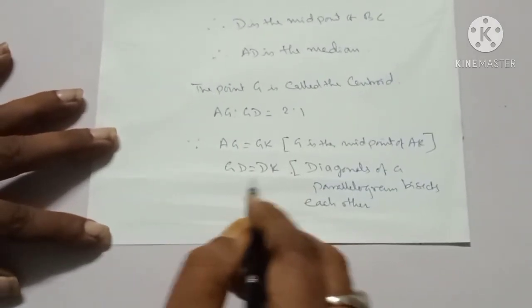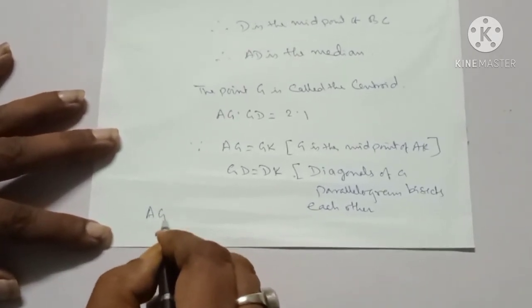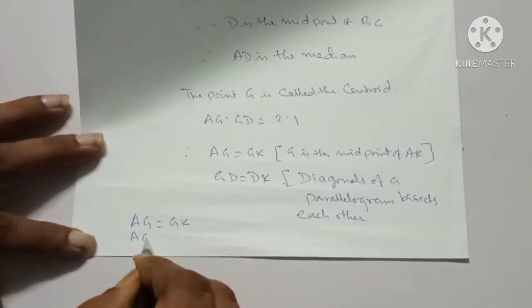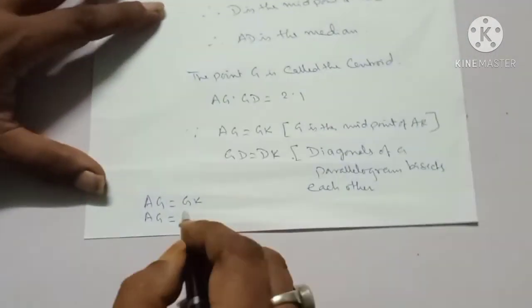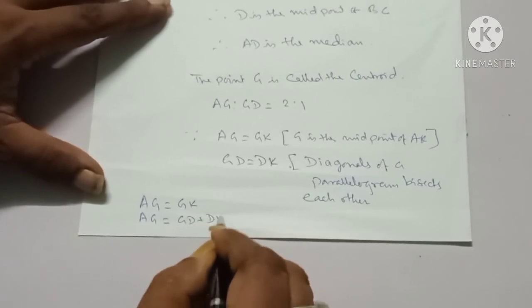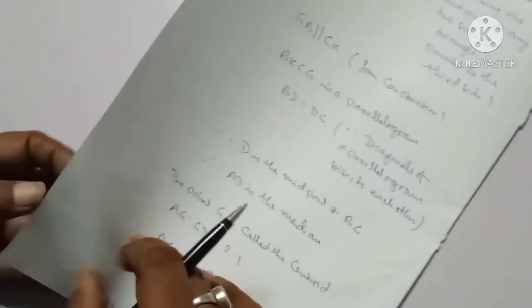So therefore AG is equal to GK, which means GD plus DK.